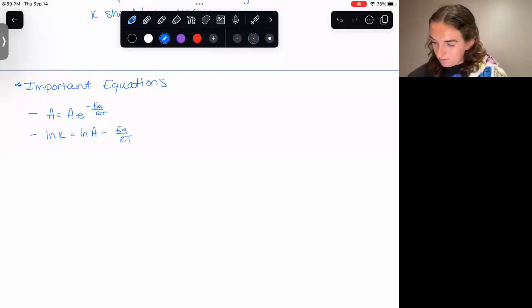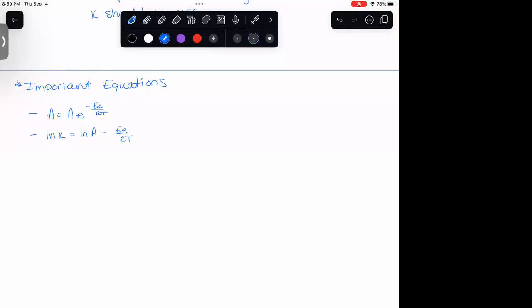There's also the combined form: the natural log of K1 over K2 is equal to energy of activation over R times 1 over T2 minus 1 over T1.